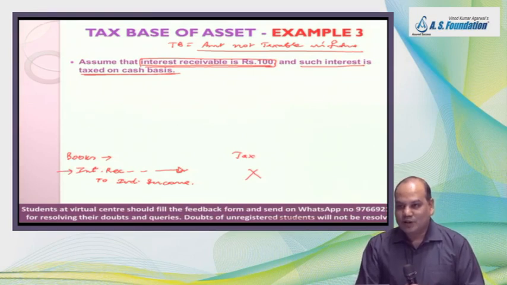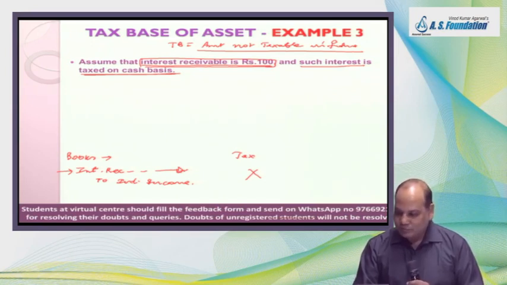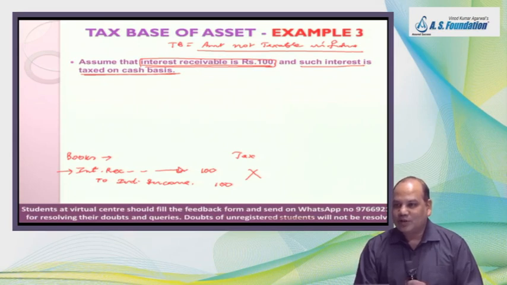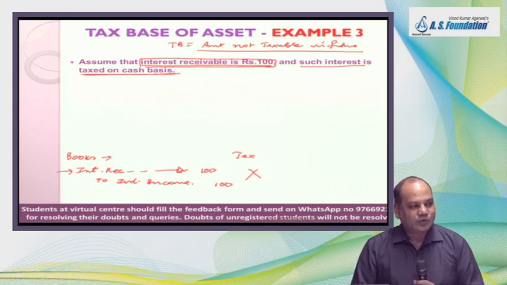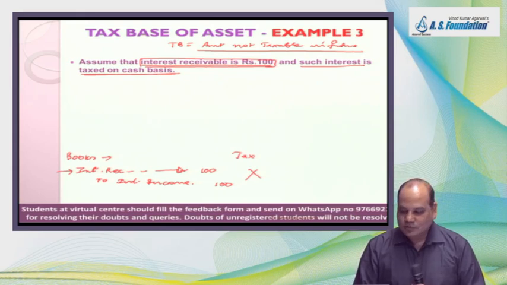So now in future it will have tax consequence. The moment you receive the interest, it will be subject to tax. So how much amount is not taxable in future? Entire amount is taxable in future. If entire amount is taxable in future, it means zero amount is not taxable in future. So can I say tax base is zero?